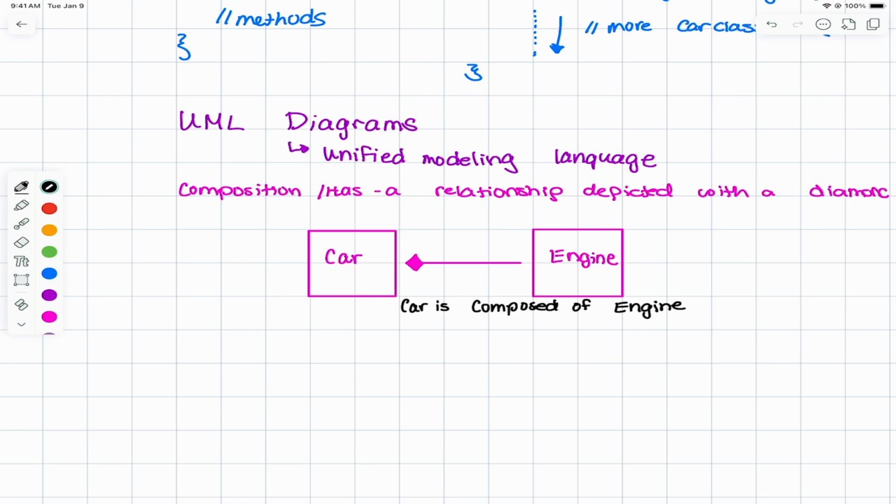depict that. So if we also had a person class right there, a person might have a car. So we might be able to associate a given car with a person. We would have to draw that exact same relationship, only now the diamond is over here because the person has a car.